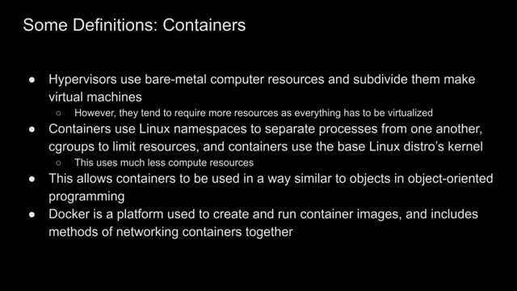This allows containers to be used in a variety of ways. One of the most notable is that they are very similar to how one might use objects in object-oriented programming. A particular instance of a container platform is called Docker, and this platform is used to create and run container images, which are then used to create containers, and it allows these containers to all be networked together.